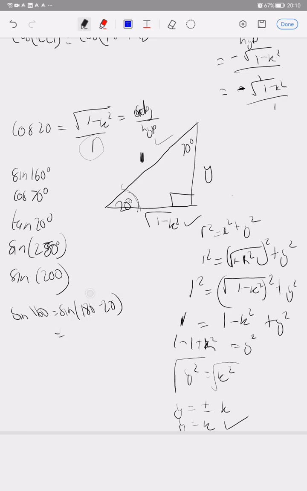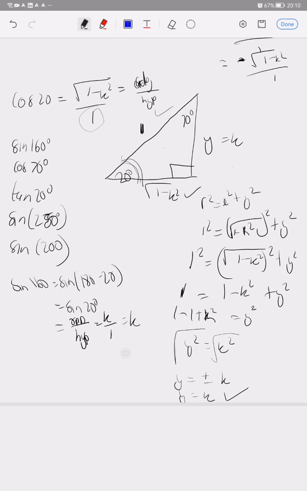This one is in the second quadrant, so it becomes sine of 20. I'll explain this one in detail in part 3. What is sine 20? Sine 20 is just the opposite, which is k. So opposite over hypotenuse, it's k over 1, which is basically k.